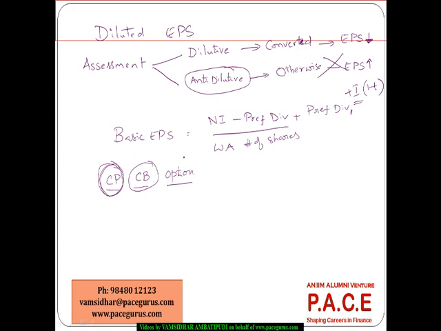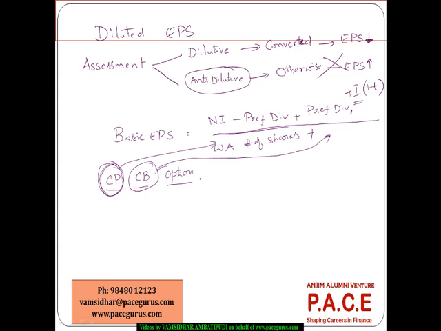And regarding the weighted average number of shares, we would now see, for each convertible preferred stock, how many equity shares it is getting converted into, and add it up. For each convertible bond, how many equity shares are getting created, I'll add that as well.